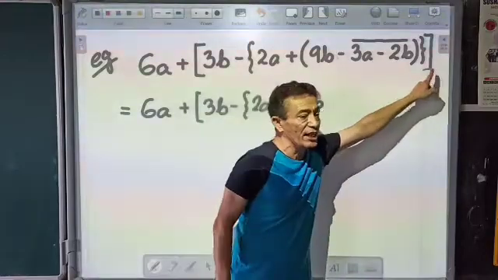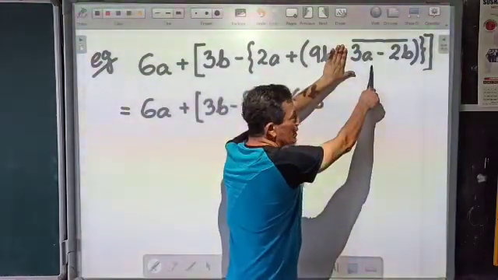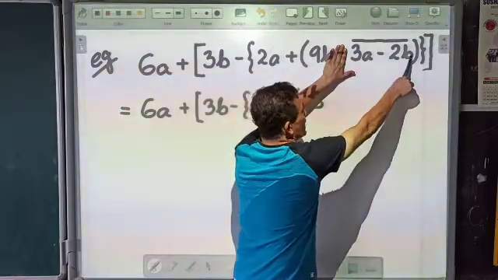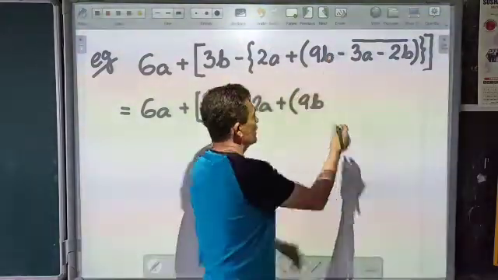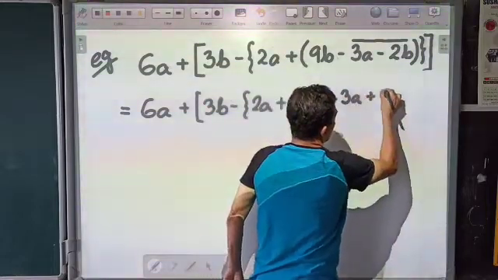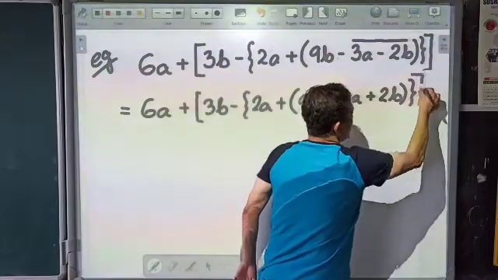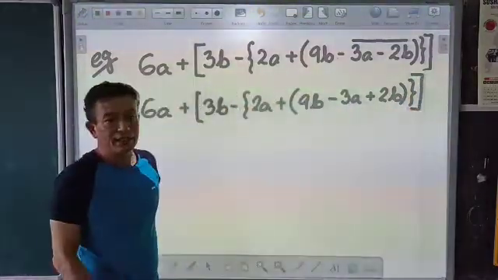That means the signs are going to change. So 3a here becomes minus 3a and minus 2b becomes plus 2b. So it becomes minus 3a plus 2b. So you can see that the bar bracket is out.